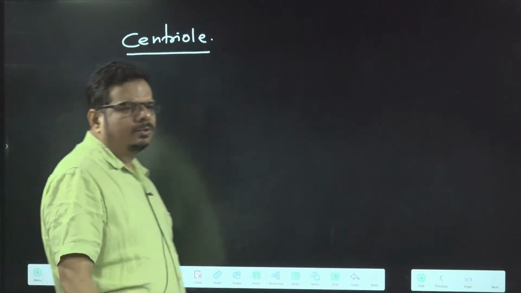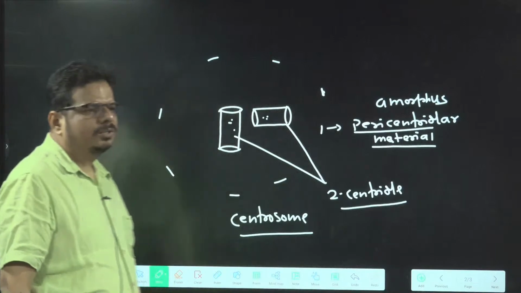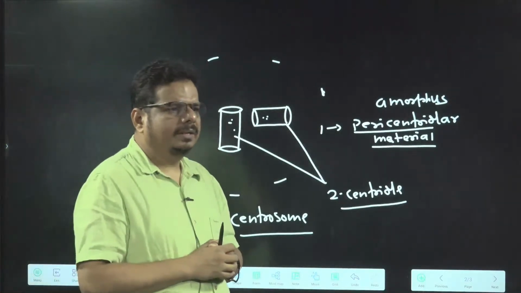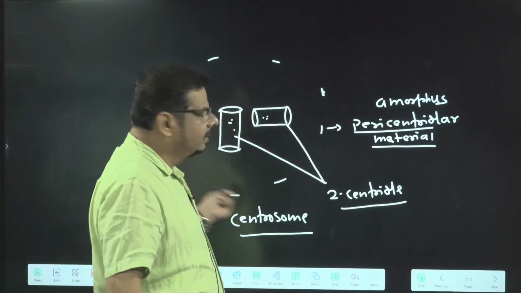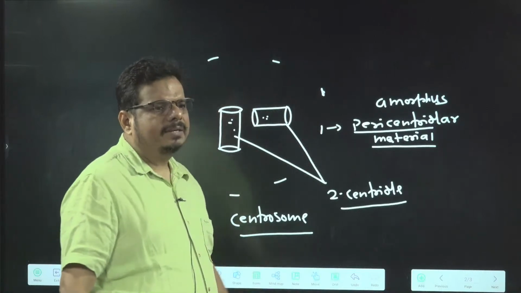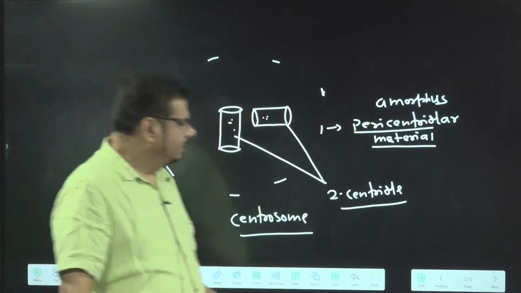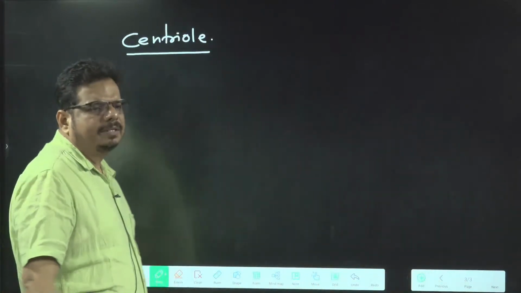In one centrosome, how many centrioles are present? Two. Students get confused sometimes between centrosome and centriole. Centrosome is a cell organelle made up of two centrioles surrounded by amorphous pericentriolar material. It is not a membrane. Now I am going to talk about centriole as well as basal body.